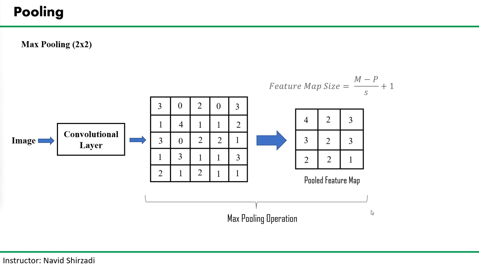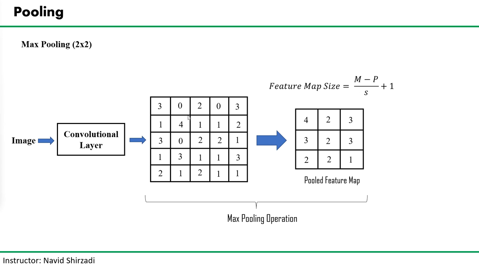For calculating the feature map size, if you have your feature map and you want to know what the size will be after the max pooling operation, there is another rule of thumb formula you can use. It uses the size of our original feature map, here 5, minus the size of the window you put here.